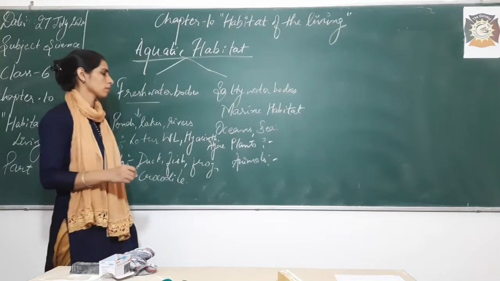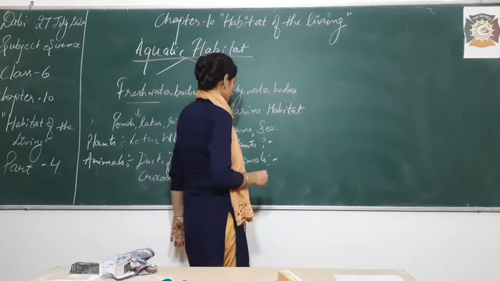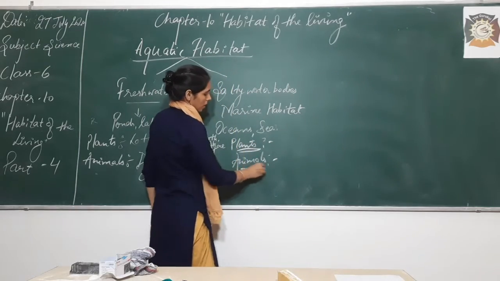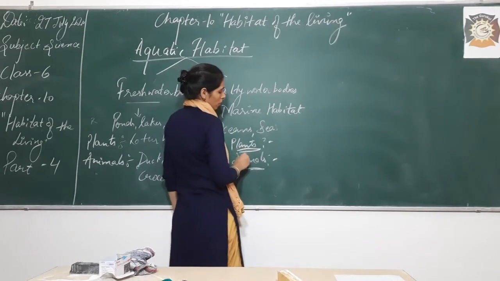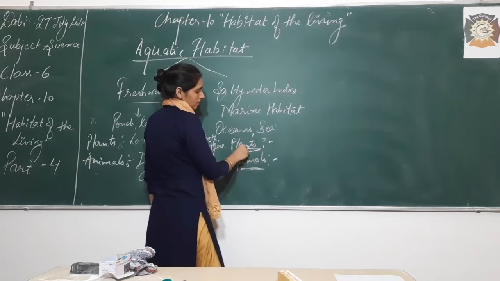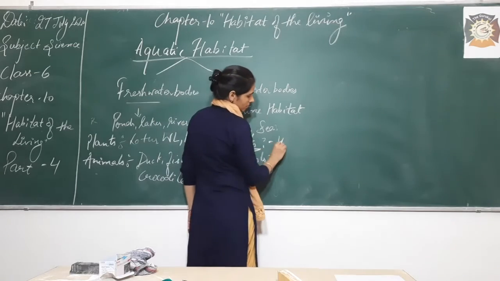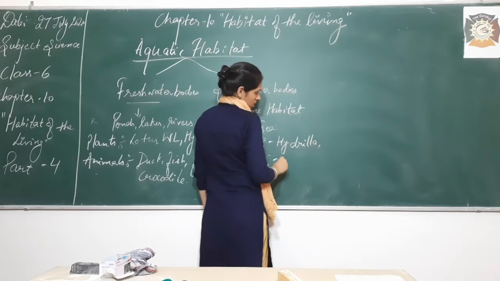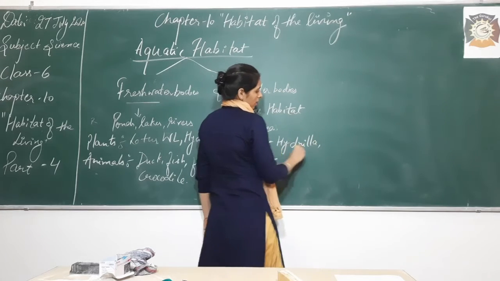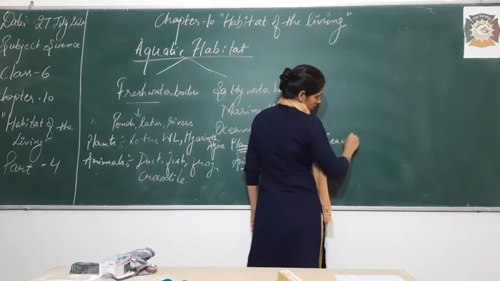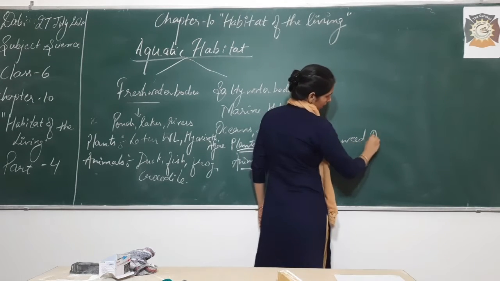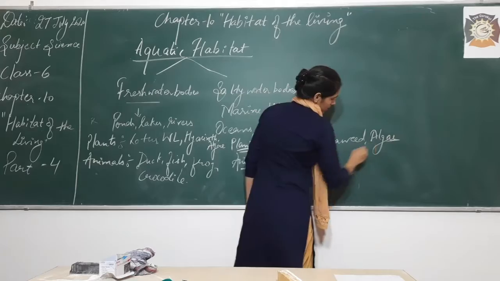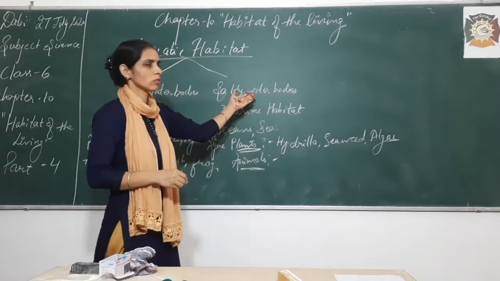And next, if you talk about salty water bodies, there you will find animals and plants. If you talk about plants, you can find hydrilla, then seaweed, algae. These are the plants which you can find in salty water bodies.